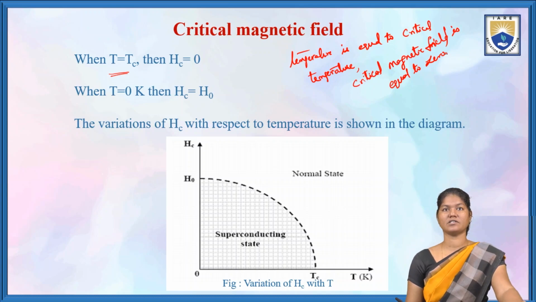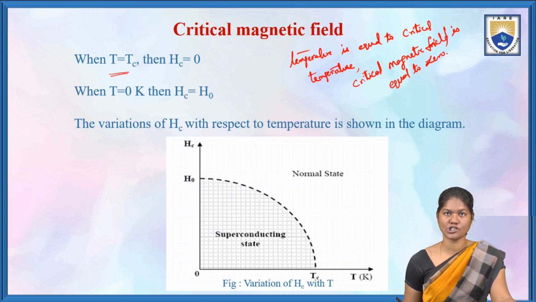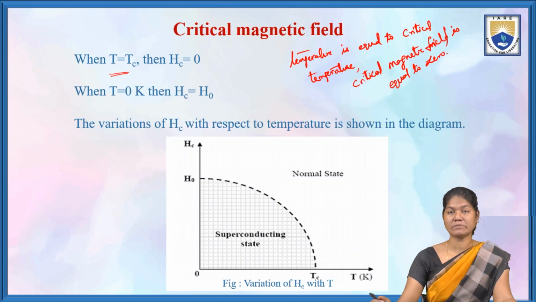So when temperature is equal to critical temperature, the critical magnetic field becomes 0.